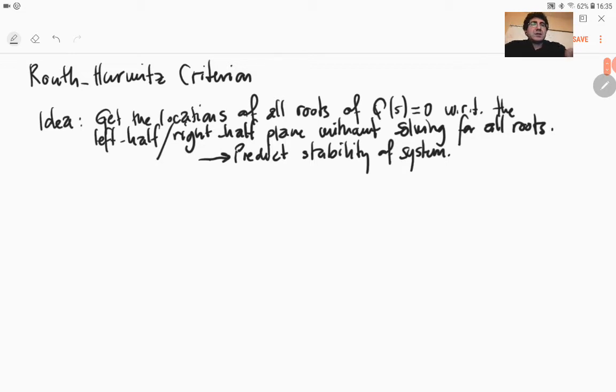So the requirement is that Q of S should be with constant real coefficients.